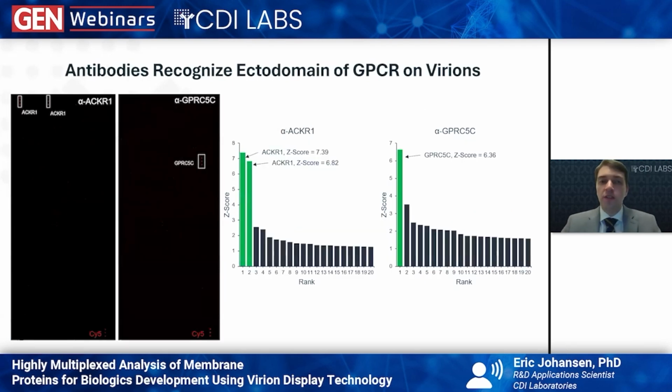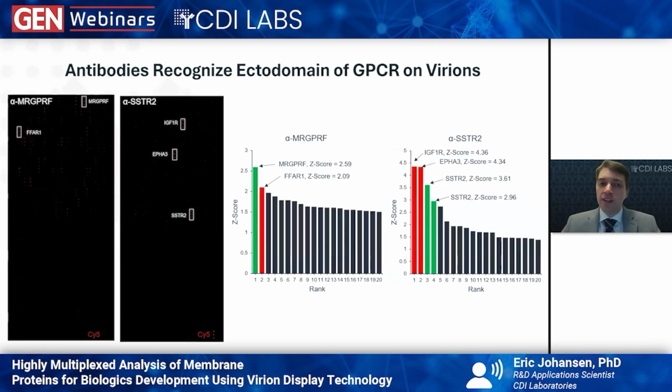As further proof of other antibodies that can recognize the ectodomain of GPCRs, we see here for the ACR1 and GPRC5C, they are both able to recognize their intended target. ACR1 is printed in 2 locations on our array, and each bind quite specifically to the antibody.